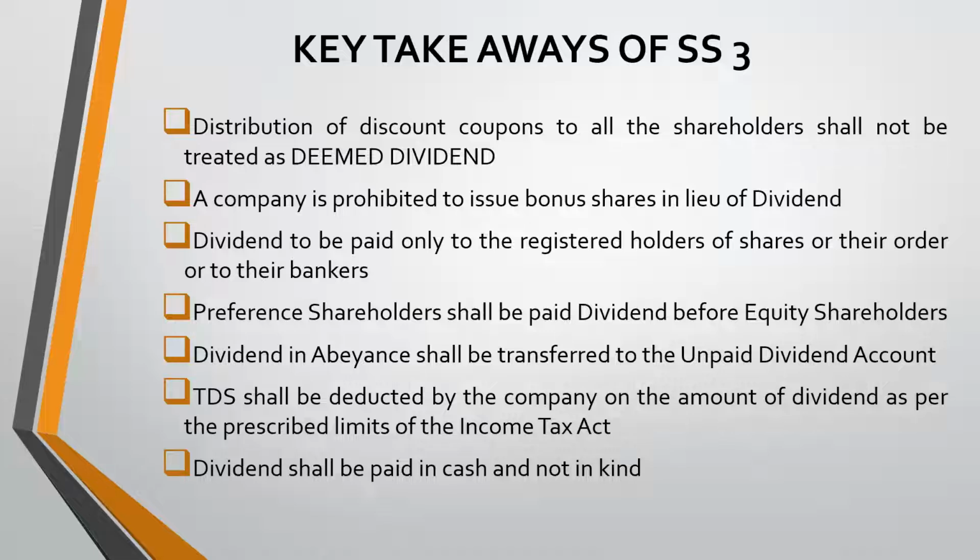But in case of interim dividend, preference shareholders need not necessarily be paid before equity shareholders, which means if you are paying interim dividend, it is not necessary to consider paying the preference shareholders first.